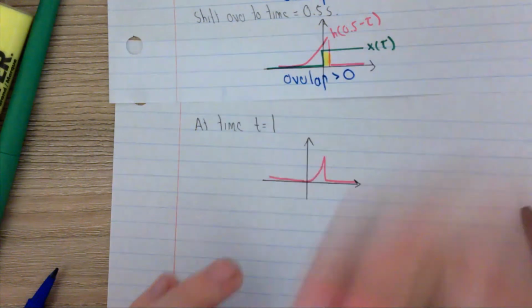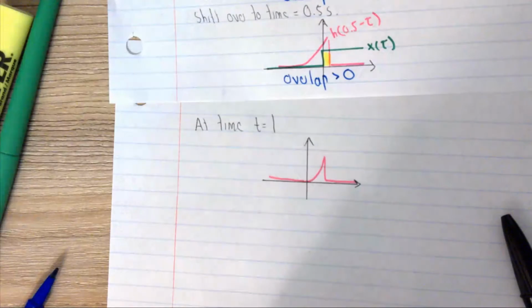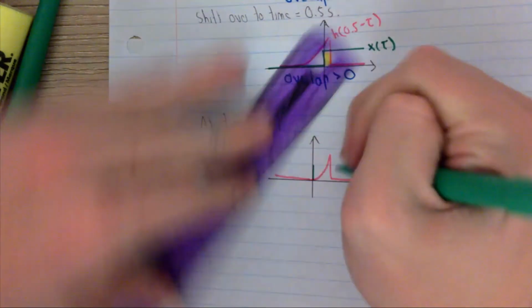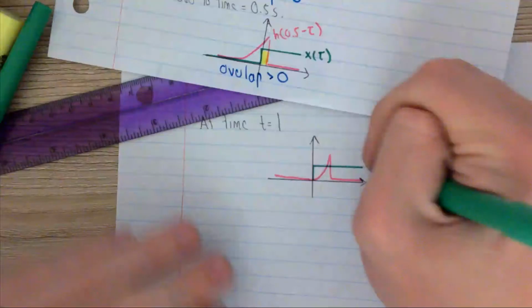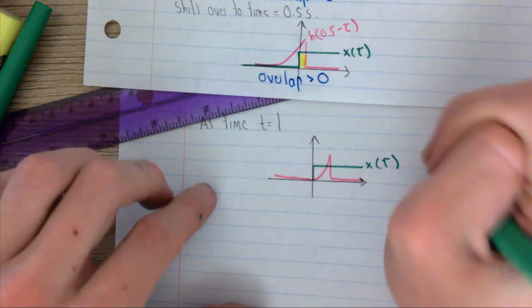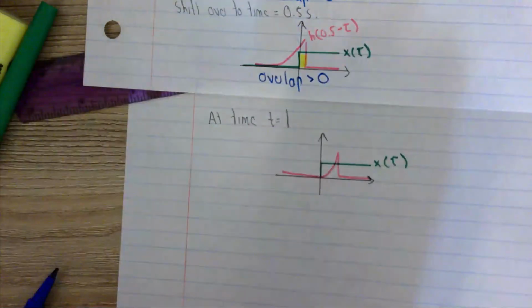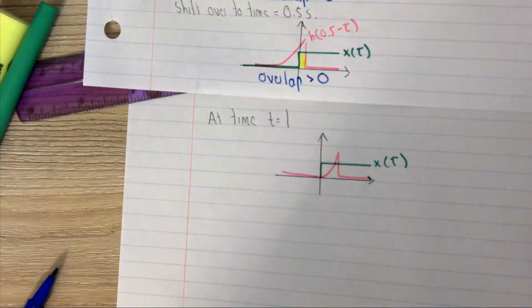And we're going to see that this is our x of tau, and the other one is going to be our h of 1 minus tau.